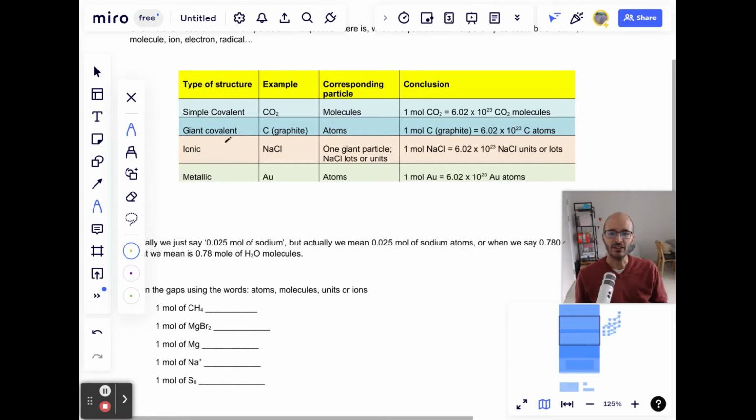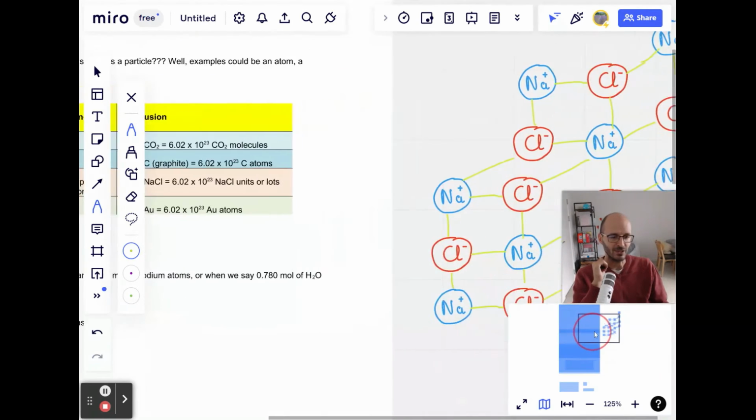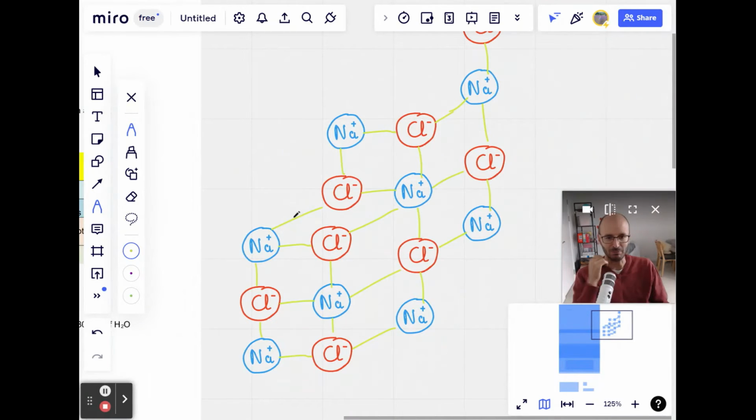What if you have an ionic compound? Then that's a little bit tricky. An ionic compound will have a giant lattice, a giant particle, huge. So let's have a look. Sodium chloride would be something like this, but much, much bigger. In this sodium chloride structure, what you will see is that you have sodium chloride units.